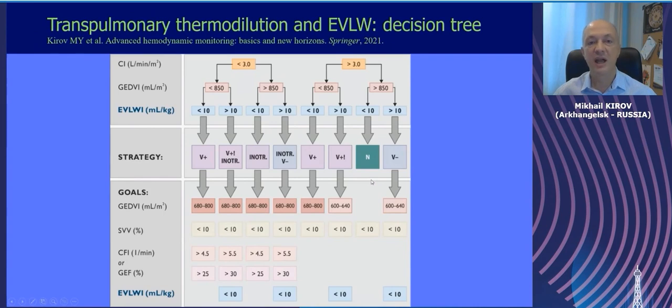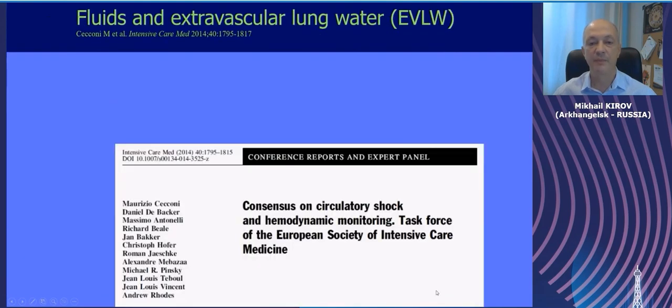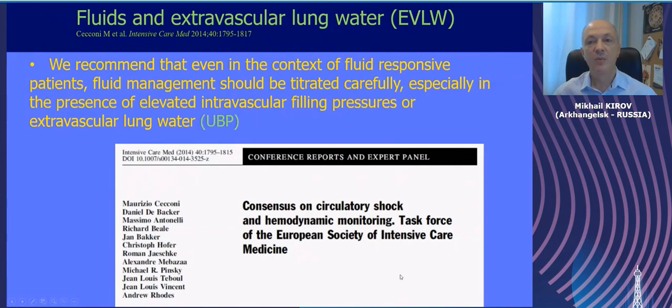However, in most cases, if used together with cardiac index and volumetric parameters, lung water can be a useful alert to stop fluid therapy, to think about administration of inotropes in case of increased lung water values, and to target lung water values below 10 mL per kilogram. Thus, lung water is included in the recommendations of the Task Force on Hemodynamic Monitoring.